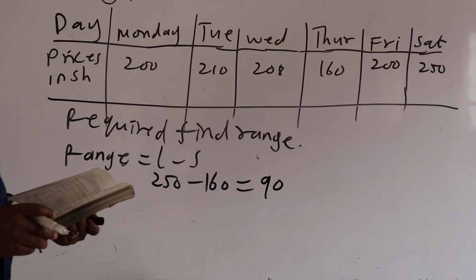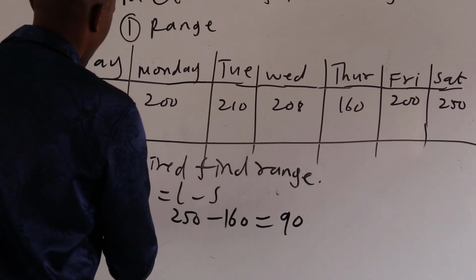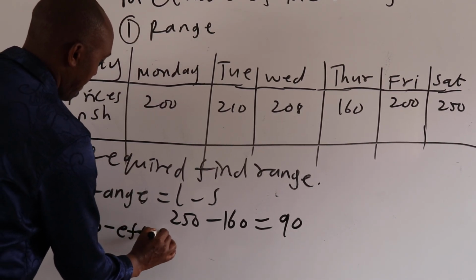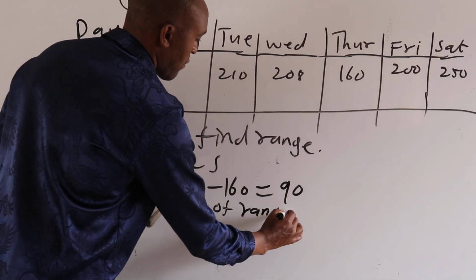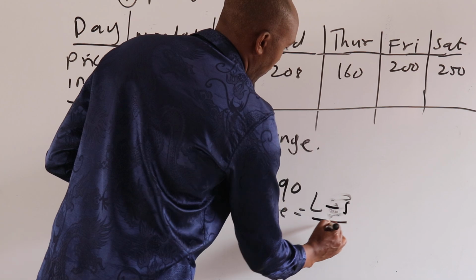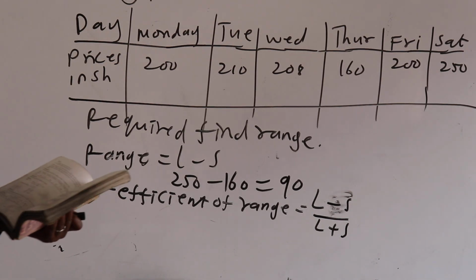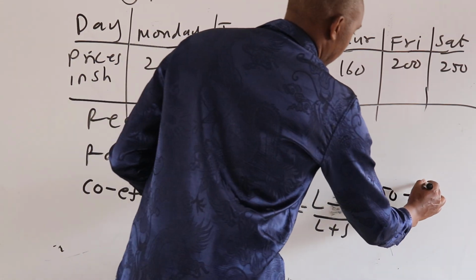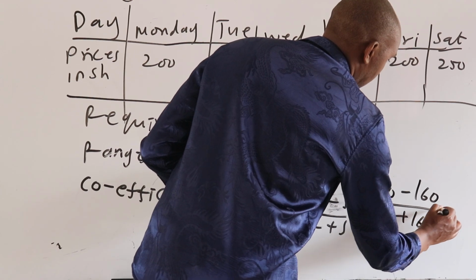Then, using the same information, we are also looking for the coefficient of range. The formula is L minus S over L plus S. We're just going to use the same values. The largest value is 250 minus 160 over 250 plus 160.